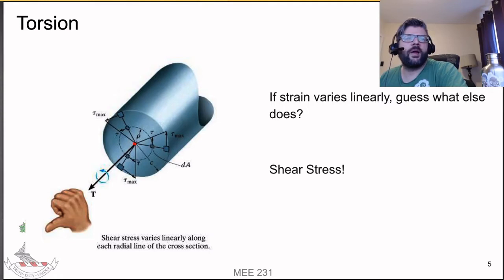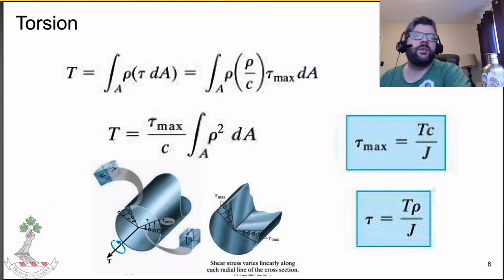There's going to be a certain maximum shear stress at the outside because the strain is the maximum. Inside it'll be less. It'll vary linearly down here.